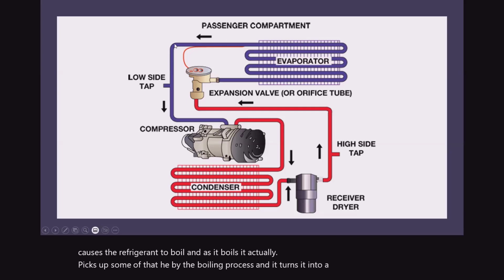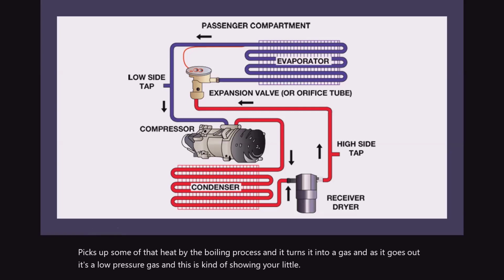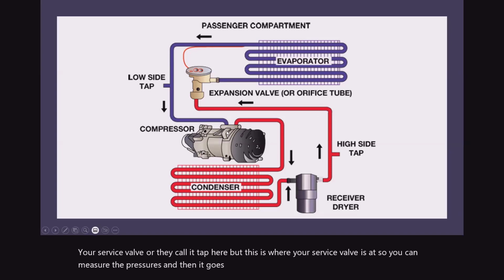And as it goes out, it's a low pressure gas. And this is kind of showing your service valve, or they call it a tap here, but this is where your service valve is at, so you can measure the pressures, and then it goes back into the compressor and starts the whole process over again.